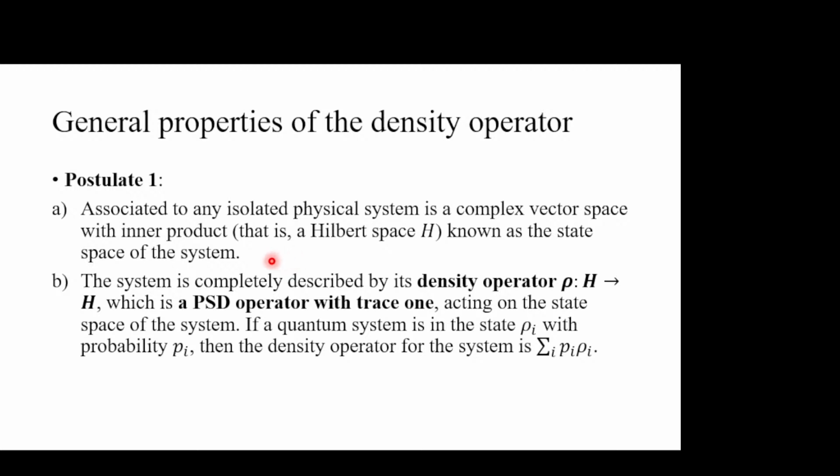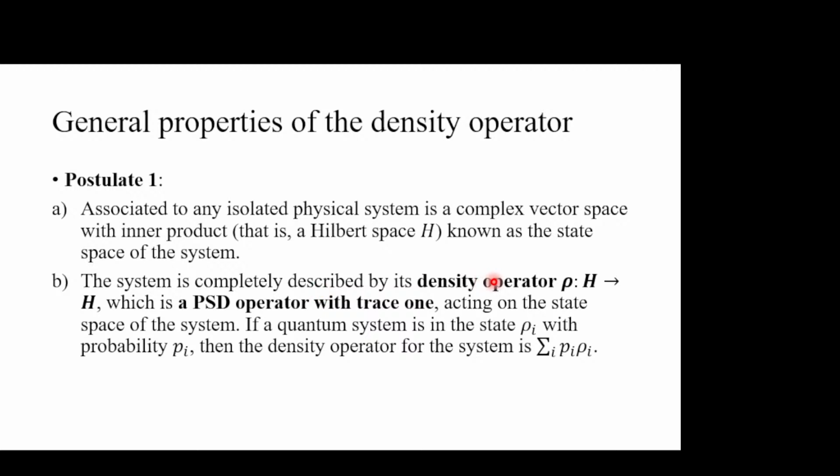The state associated with the system can be described by the density operator rho. Rho is called a density operator because it can be viewed as an operator on this linear space H. So it's a matrix that maps H to H.